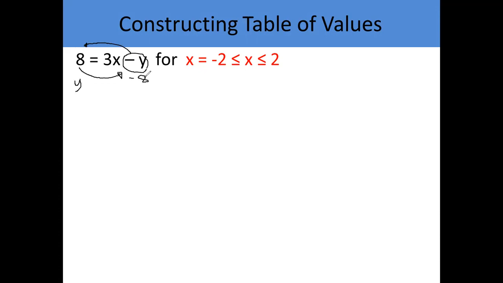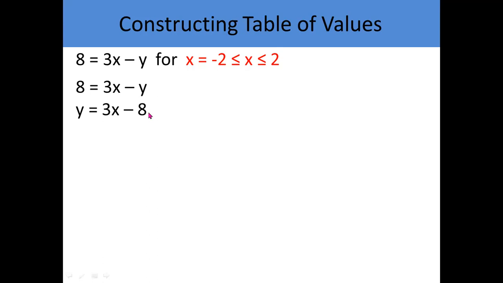Take note, whatever you transpose, the sign will change, whether positive or negative. So we have negative y; transposed to the left it becomes positive, and positive 8 transposed to the right becomes negative 8. So y equals 3x minus 8.